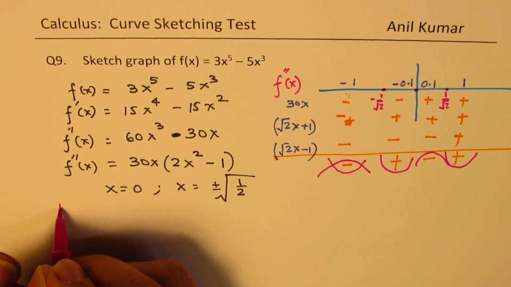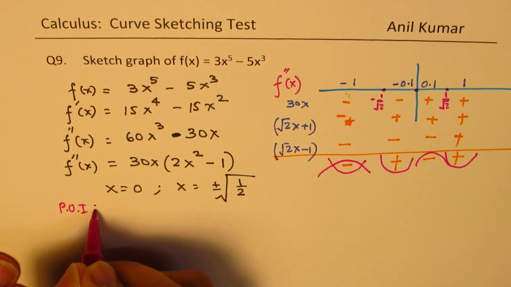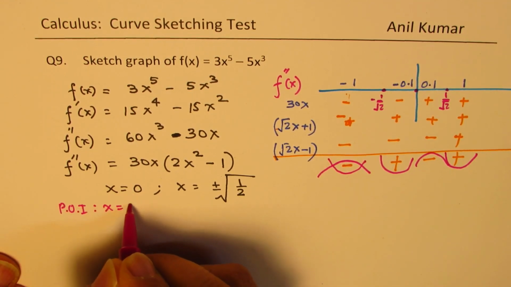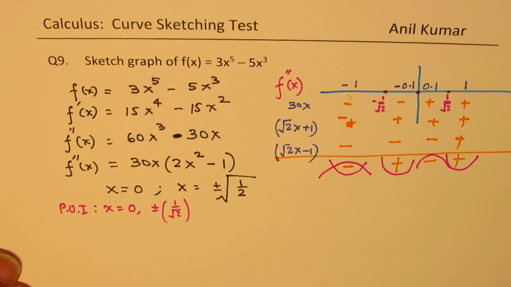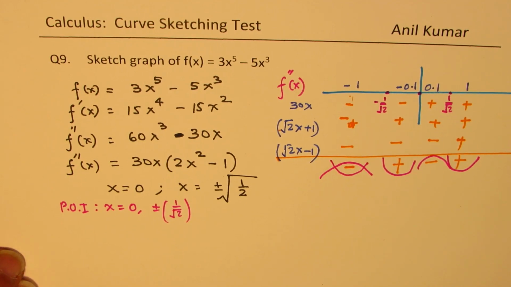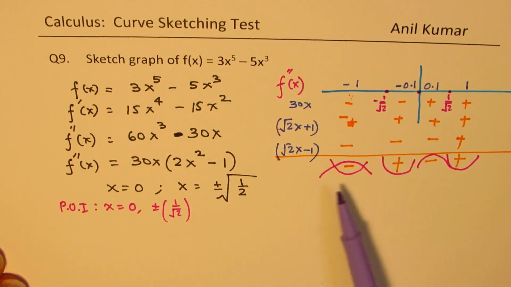So we can write down here that we have points of inflection at x equals 0 and plus minus 1 over square root 2. Is that clear? Correct? So these are the 3 points of inflection. And we also understand that the concavity of the function is kind of like this. Now, based on this, let us now sketch our function.